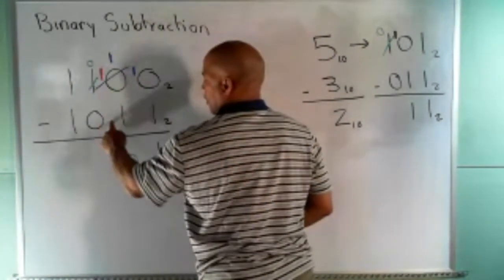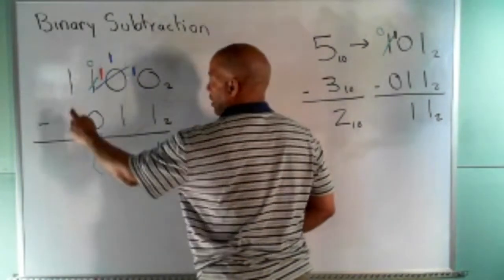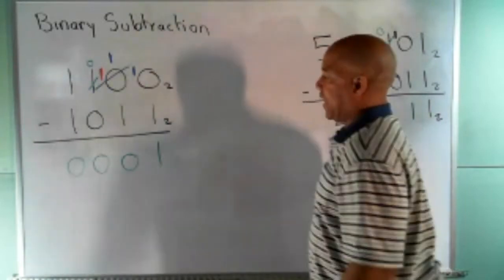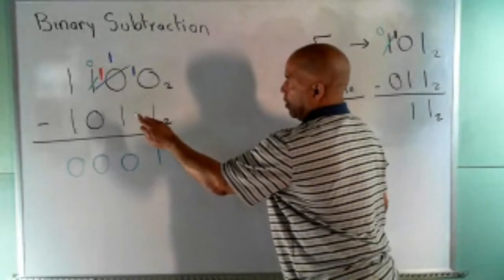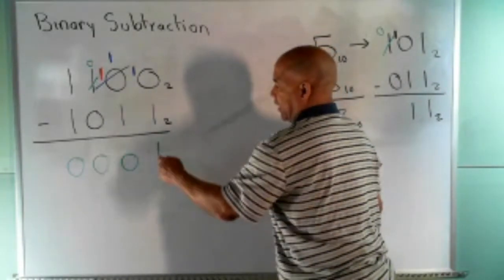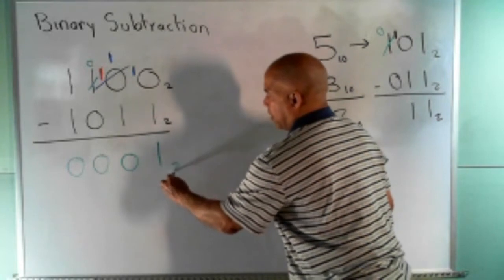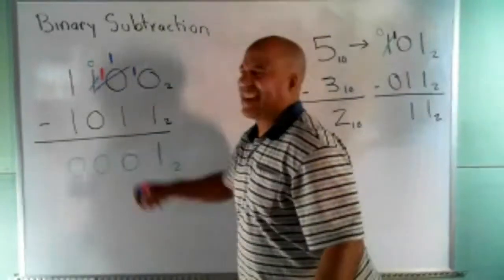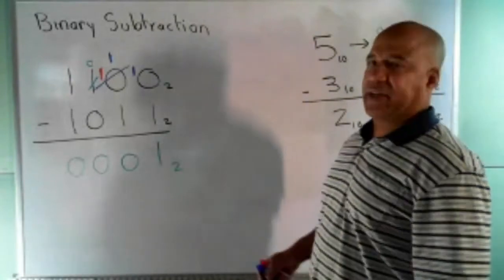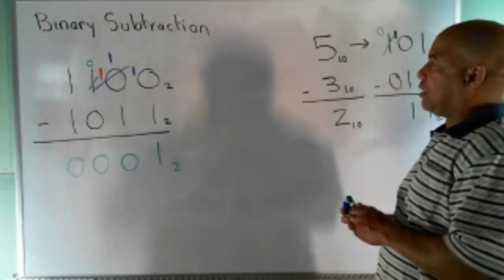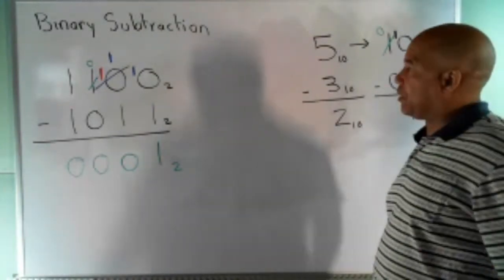A 0 minus a 0 gives me a 0. And a 1 minus a 1 gives me a 0. So the answer we have, if I take a 1, 1, 0, 0, it's a 12. And if I take the difference between these two, I get a 1. So the borrowing, you can get a little confusing, but I don't think it's that bad. I think you guys can figure that out or look online and practice this before you turn in the homework.